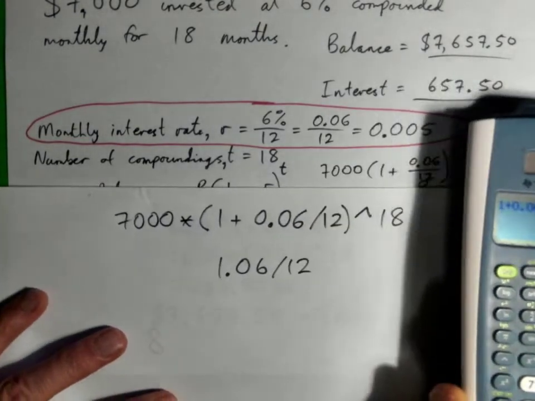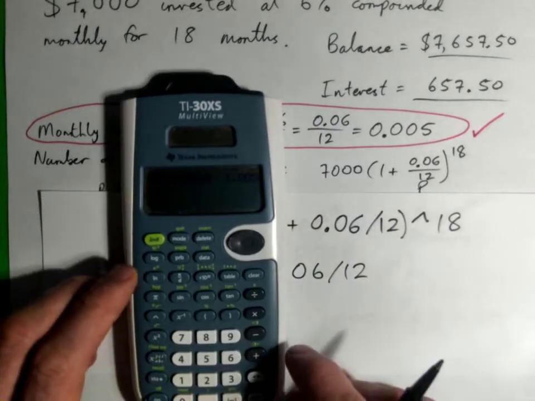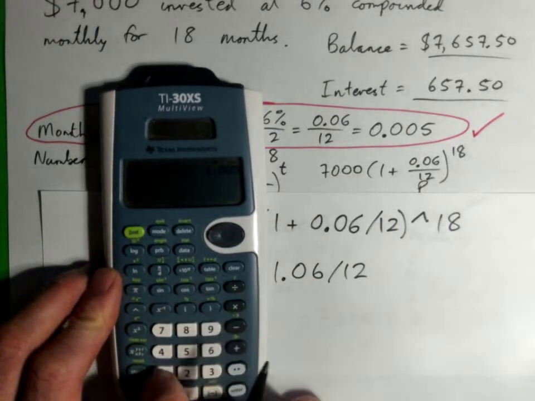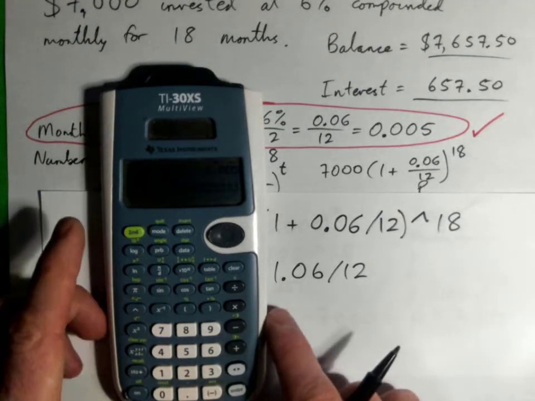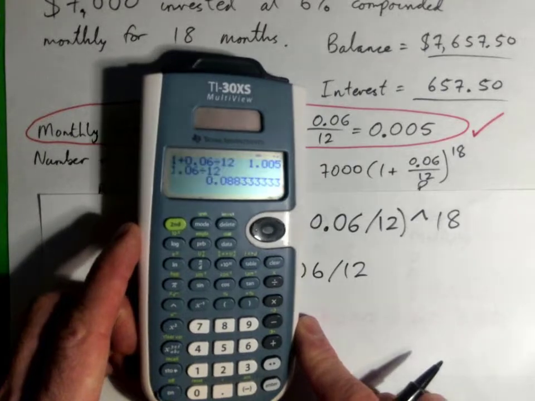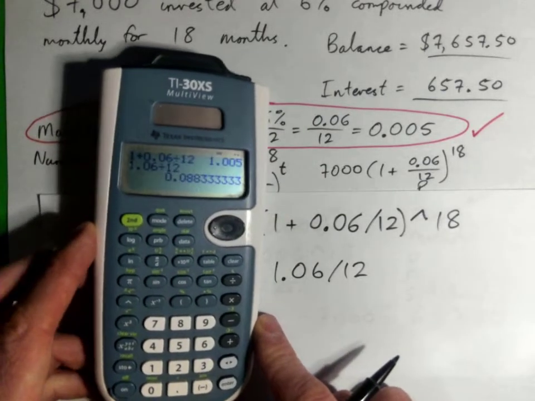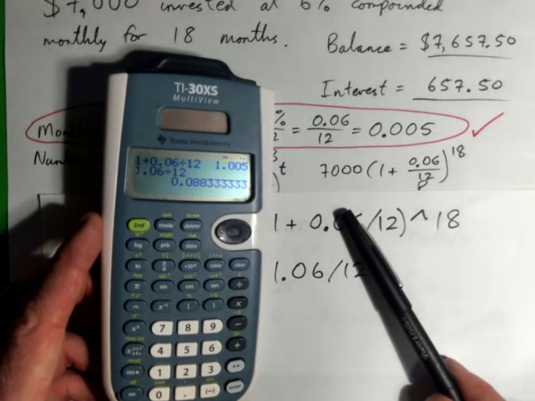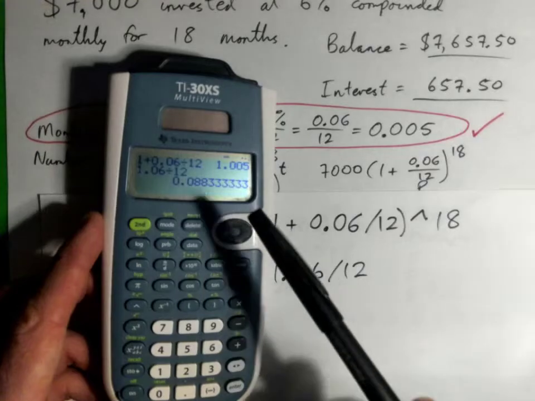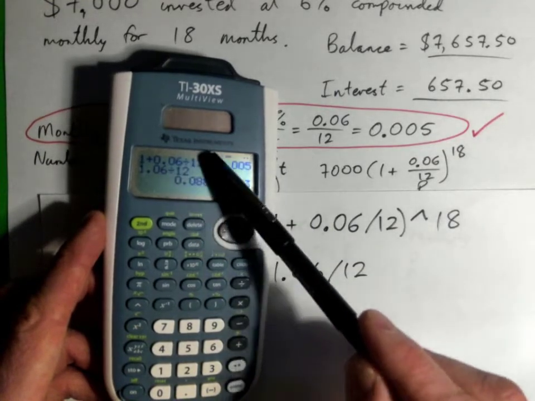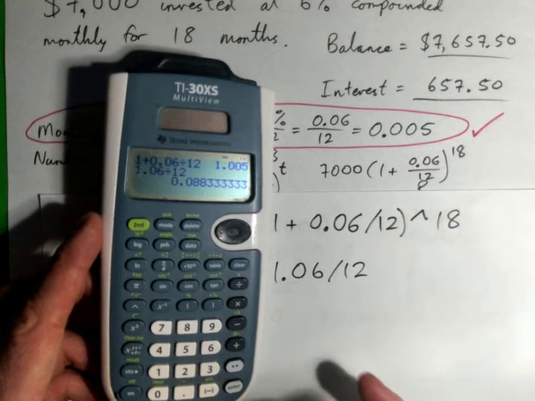But if you were to do 1.06 over 12. Look at that. 0.08. That's totally different, isn't it? Yeah, and so can we understand what's the problem? What did we do wrong here? You did it backwards, but what is the mathematical problem with doing it this way compared to this way? What's the mistake?